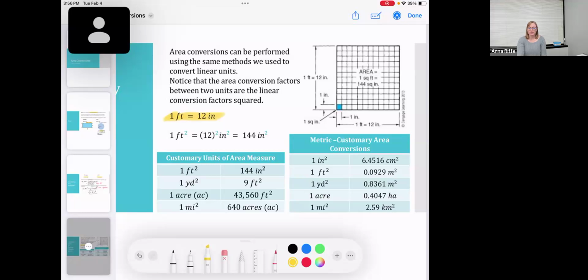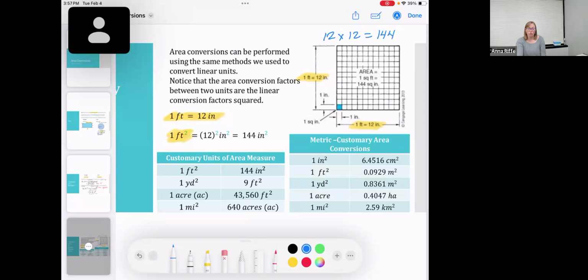If we want to extend that to square units, then on the right, let's say we have a square that's 1 foot by 1 foot, which means it's 12 inches by 12 inches. If I want to figure out how many 1-inch squares will cover this 1 foot by 1 foot, or 1 square foot area, this is a rectangle. So I can multiply 12 inches by 12 inches, 12 times 12, and I get 144.